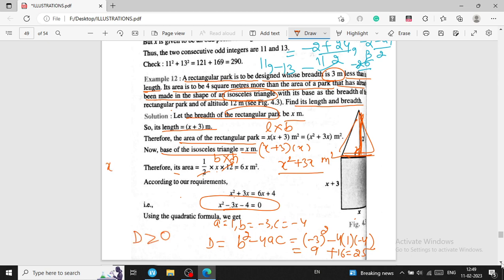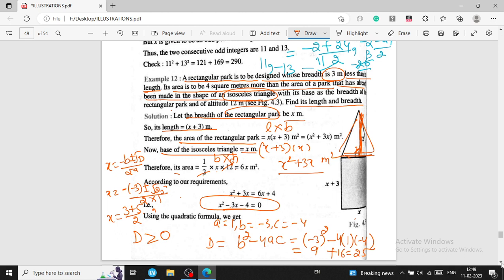This is D greater than or equal to 0, so we will put the values in x is equal to minus b plus minus root D over 2a. x is equal to minus b, minus b is minus minus 3, so plus 3, plus minus root D, which is root 25, over 2 into 1. You can write x is equal to 3 plus 5, because the square root of 25 is 5.